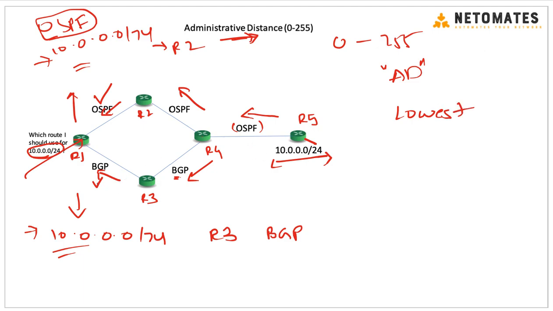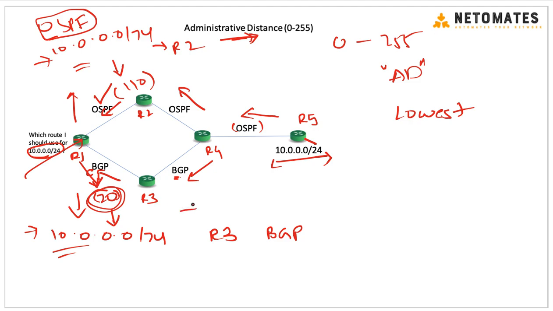In this case, let's say eBGP has an AD value of 20, and OSPF is, let's say, 110. So it will choose the BGP route, because the AD value associated with this route is 20 and for the other one is 110.